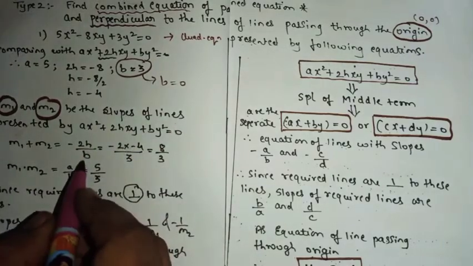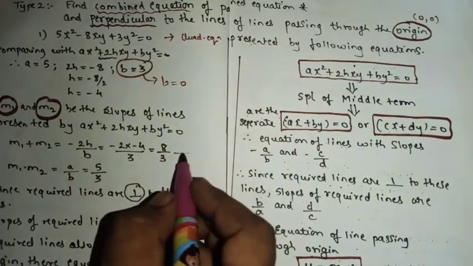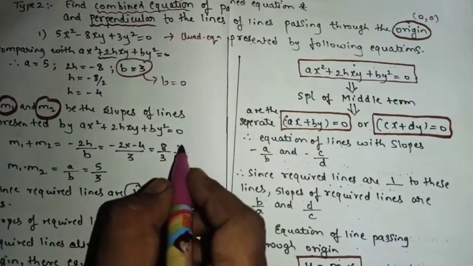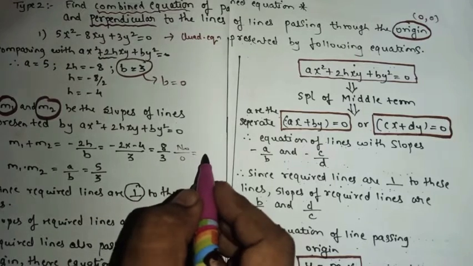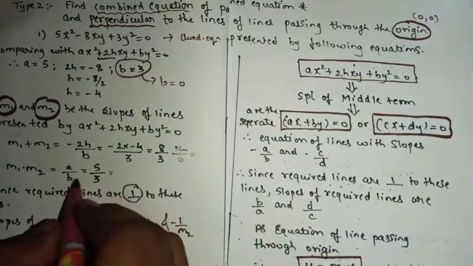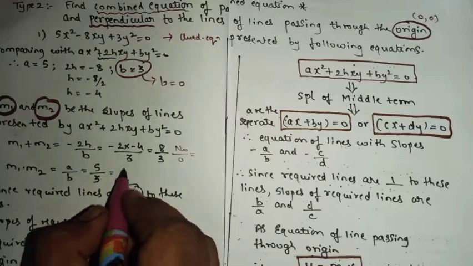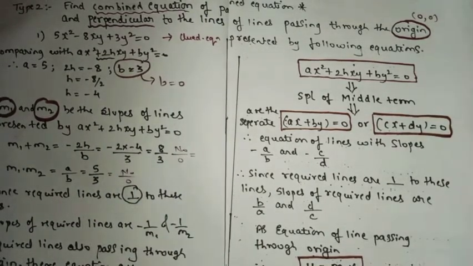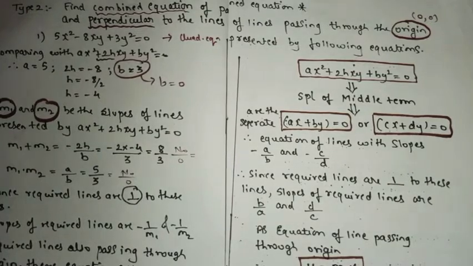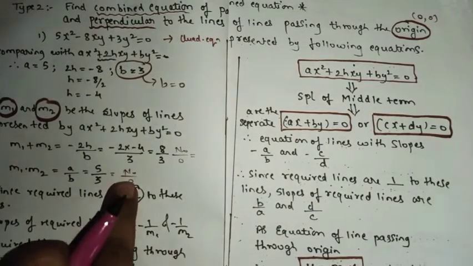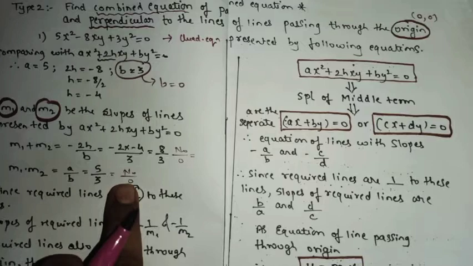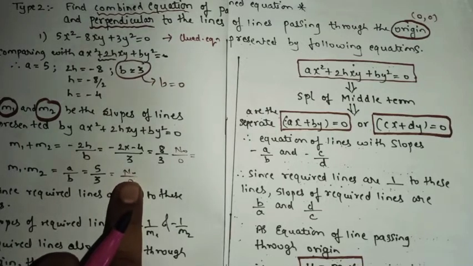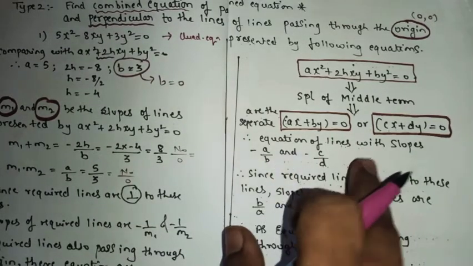If you substitute the value of b here, that will be number upon 0, which is not defined. Even when you put the value of b here, you will get number upon 0, that means not defined. From this we can say that when the value of b is equal to 0, we have to apply method number 2.